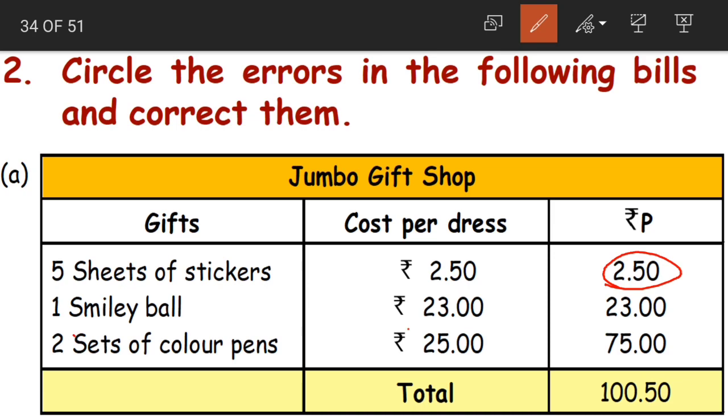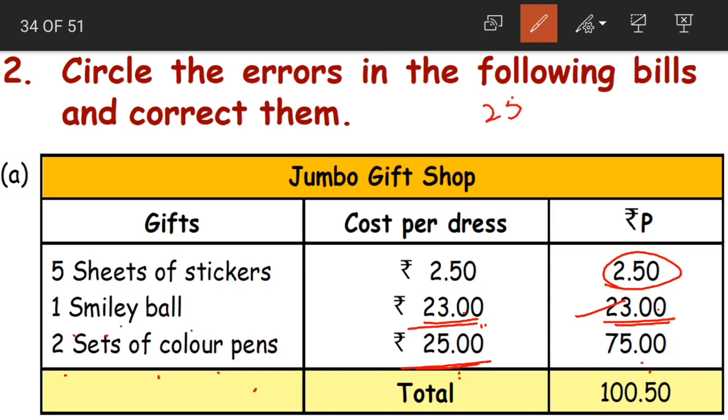Next, smiley ball is 30. We have bought one smiley ball. The cost is 23 rupees and the total is also 23. Why? Because we have bought only one ball. Next we have bought two sets of color pens. The cost of one set is 25 rupees. So what should be the cost of two sets, children?